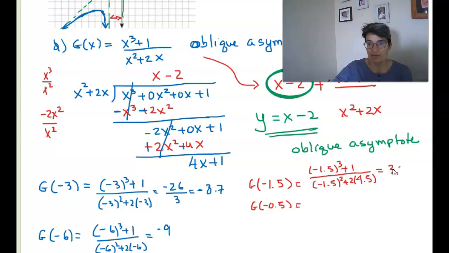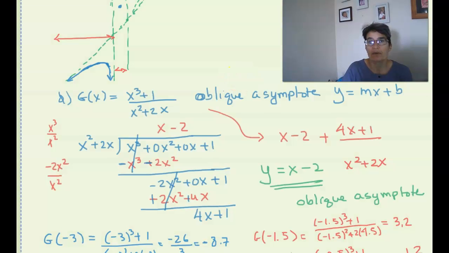That gave me about 3.2. And g at negative 0.5 gave me negative 1.2.